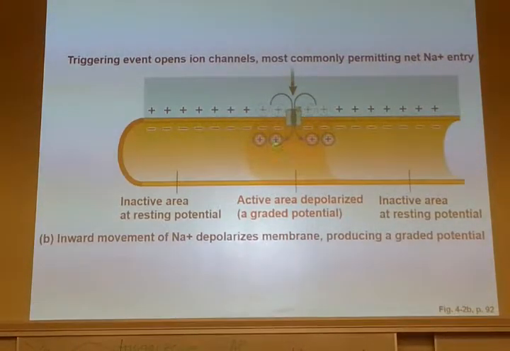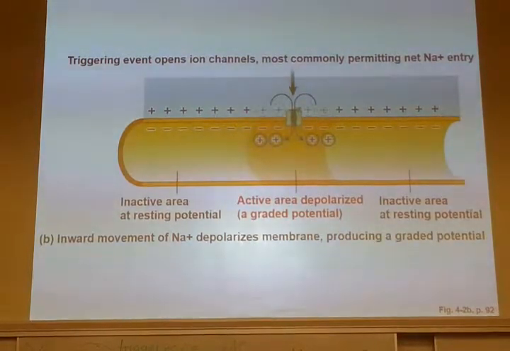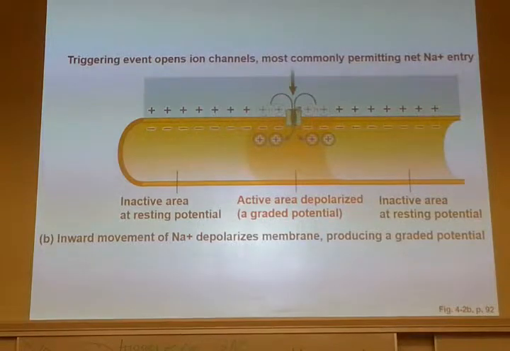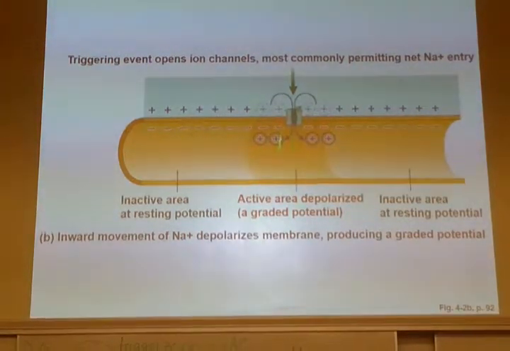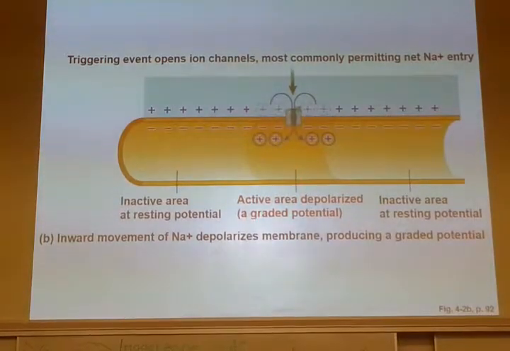Also, these positive charges could run into an ATPase that pumps them back out. Another way to lose them. So either you lose their concentration due to diffusion, or you lose the particle due to the ATPase pumping them back out. What you have in this section is a graded potential. It is localized.